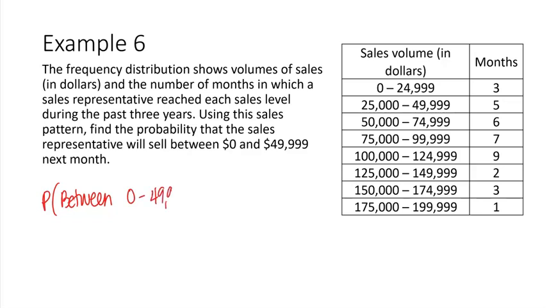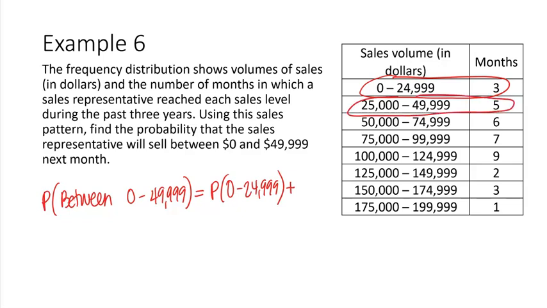0 and 49,999, notice that requires me to take the probability of being between 0 and 24,999 and add it to the next group.